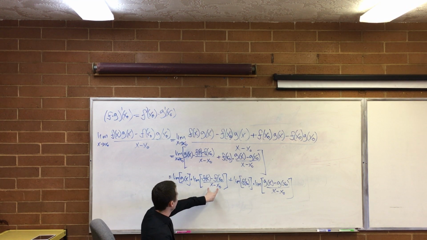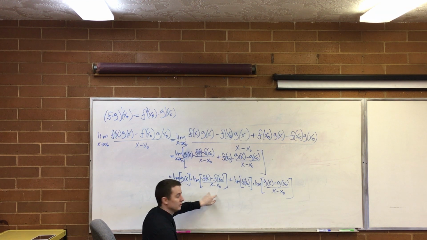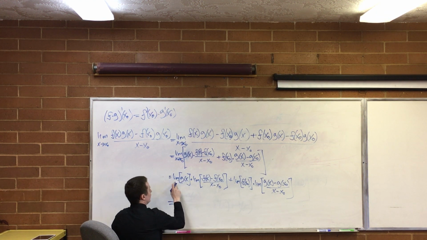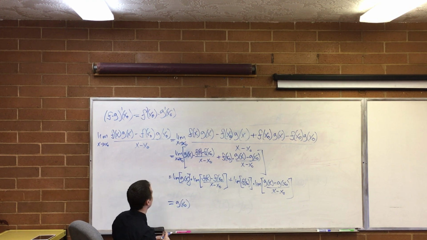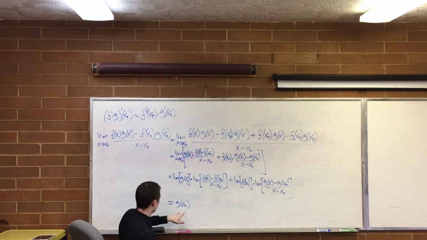And now finally, what is this limit? Well, let's do it one at a time. What's the limit as x approaches x naught of g of x? It's just g of x naught, because we know g is continuous. I didn't say that at the beginning, but both these functions are differentiable, therefore they're both continuous. So the limit of that is that. You good with that?